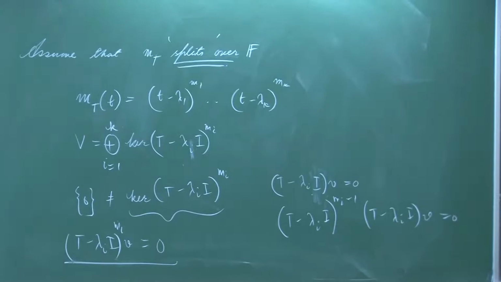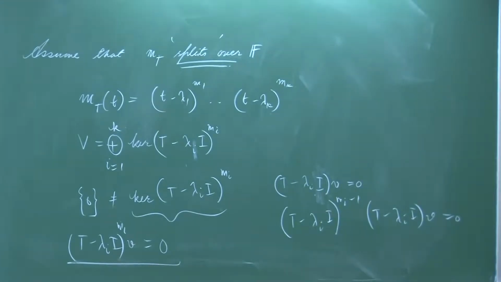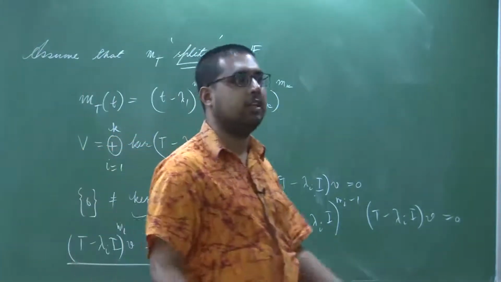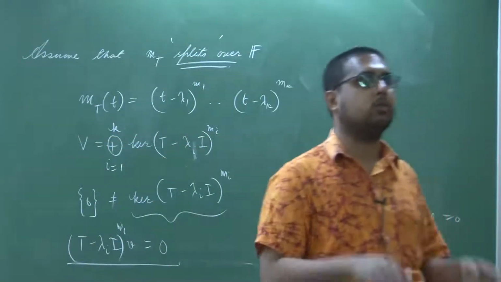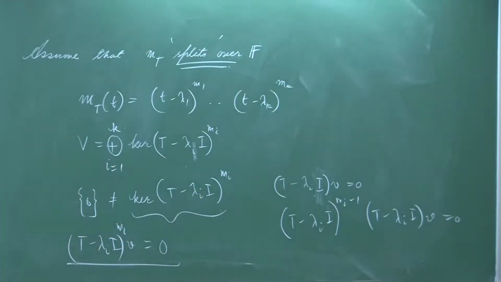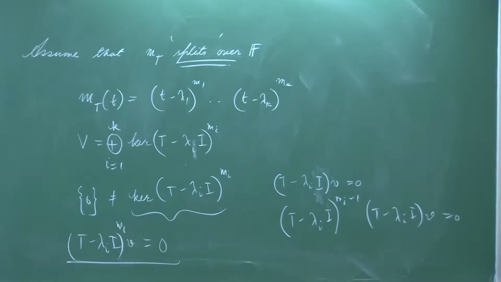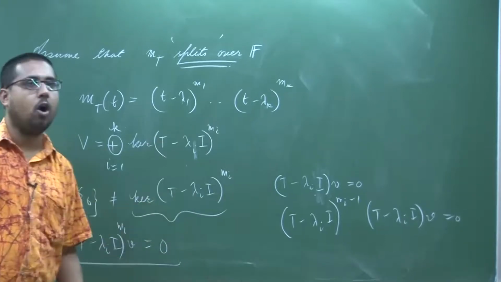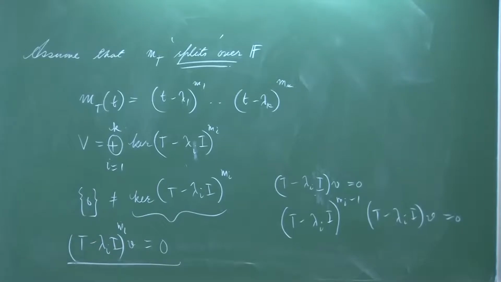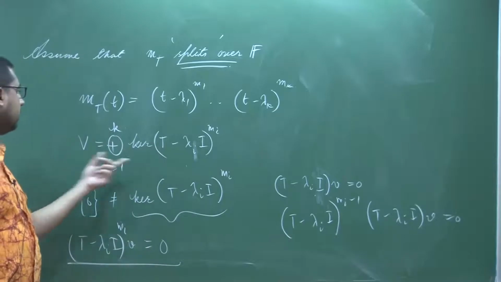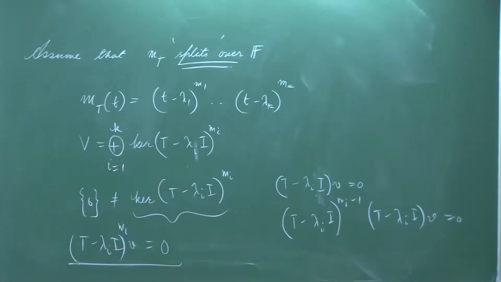Okay. So this is what I was saying: if F is C, then I do not need to put this assumption, it is automatically there. To put it simply, for any linear operator on a complex vector space, we naturally have nilpotent operators on the direct summands of this decomposition of V. Okay.